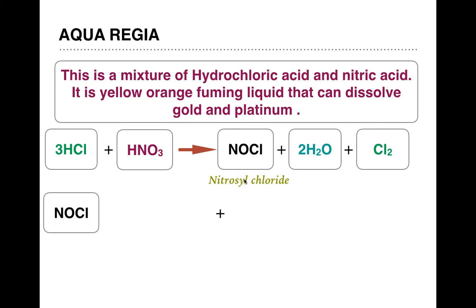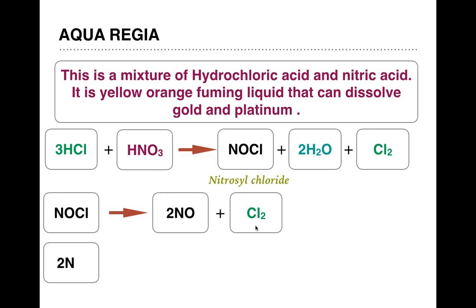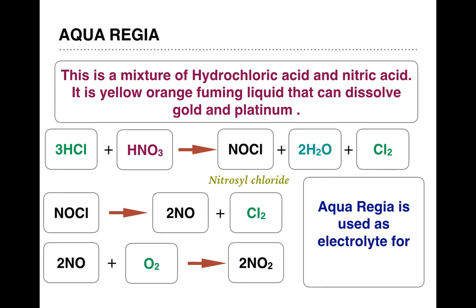Further, NOCl is very volatile in nature. It gets dissociated to 2NO and Cl2, right? And then we can see nitric oxide and chlorine will be produced from NOCl. So 2NO will react with oxygen and it will produce 2NO2. Aqua regia is used as an electrolyte for refining gold.